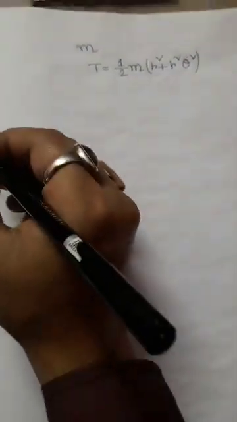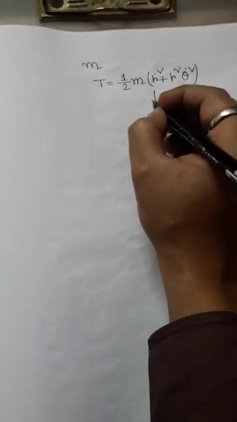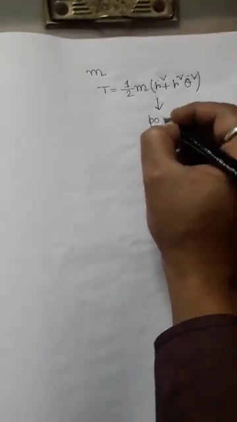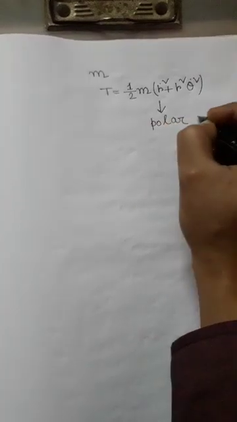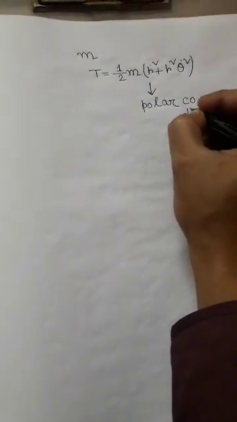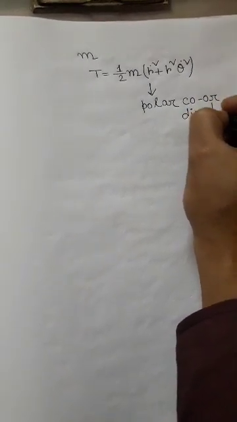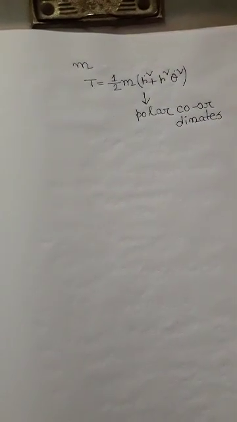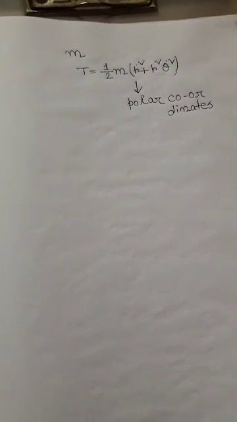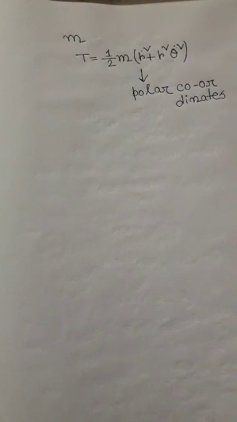Obviously, we can write this by using polar coordinates. So if a particle of mass m lies in a central force field, we can write its kinetic energy like this using polar coordinates.